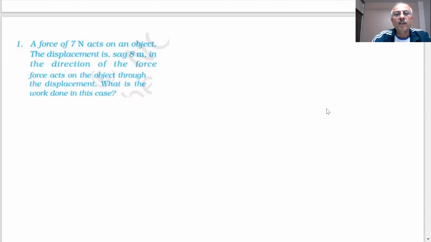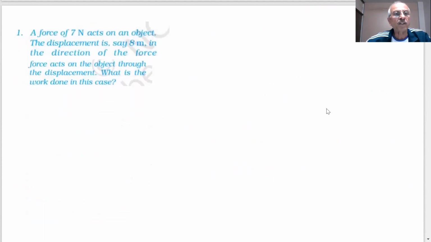All this we discussed with you last time. For example, there are a few questions before we proceed further. Question number 1 is on the screen. If a force of 7 Newton acts on an object, and the displacement is 8 meter in the direction of the force, what is the work done in this case, students? You have 1 to 2 minutes to answer the question.